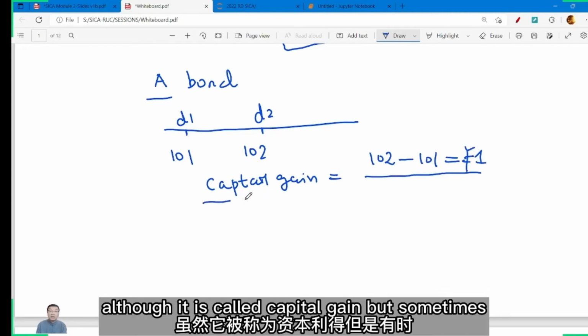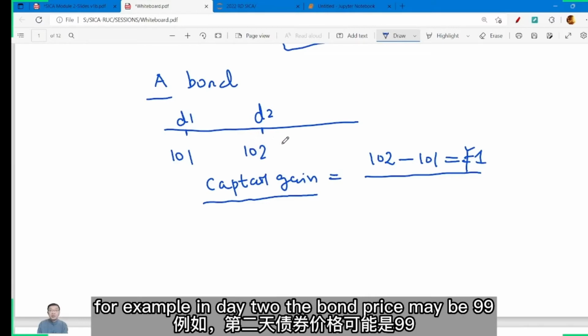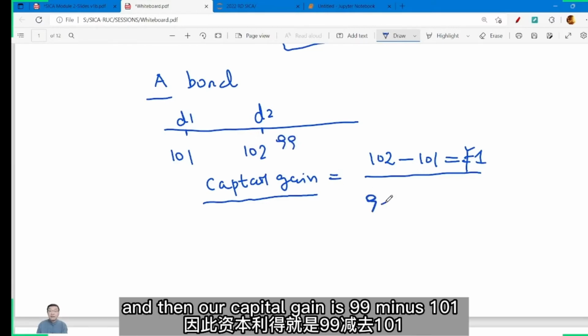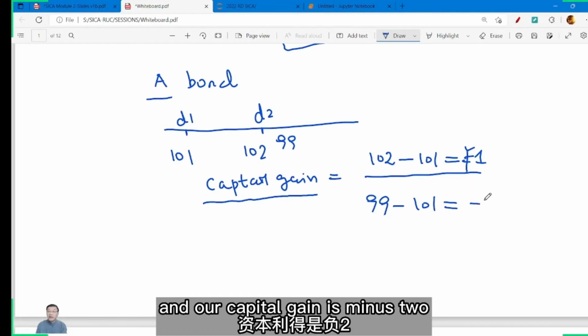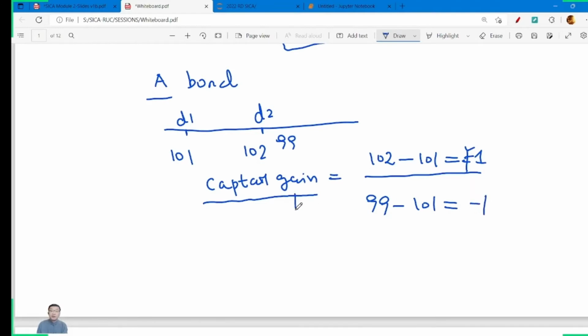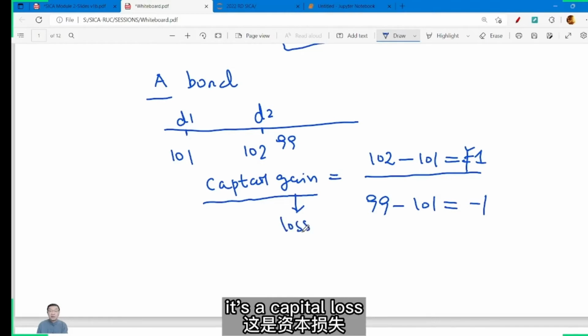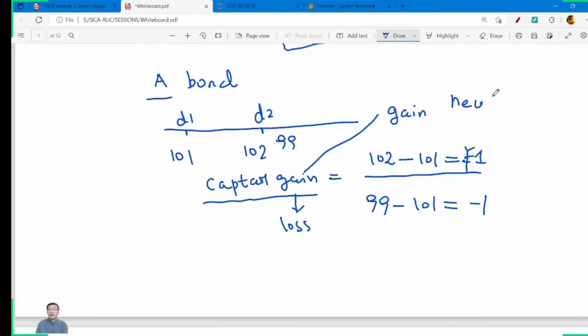Although it is called capital gain, sometimes the price may not be favorable for us. For example, on day two, the bond price may be 99. Then our capital gain is 99 minus 101, which is minus 1. In such situations, we call it a capital loss. So capital gain is a neutral word as well.